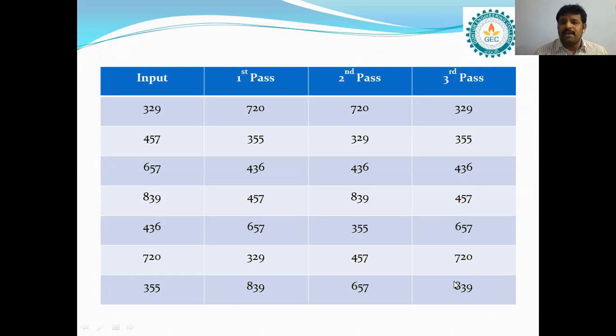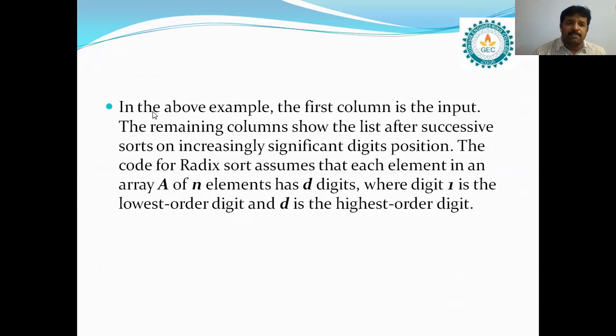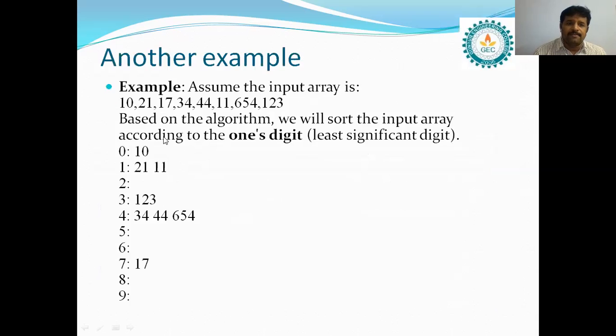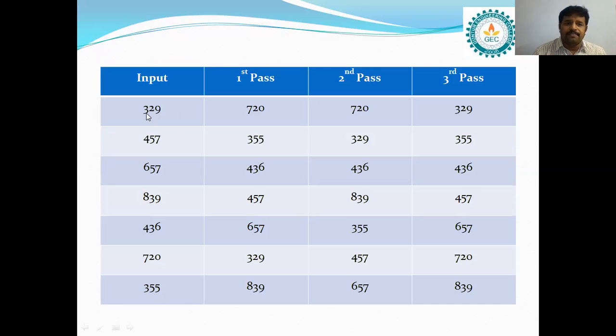In this way, we can sort out the elements by using the radix sort. Each element of these input values consists of 3 digits: ones place, tens place, and hundreds place. Right.